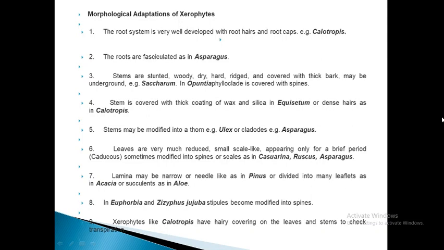In xerophytes, the stem is covered with a thick coating of wax and silica, as in Equisetum, or dense hairs. Stems may be modified into a thorn or cladodes, as in asparagus.